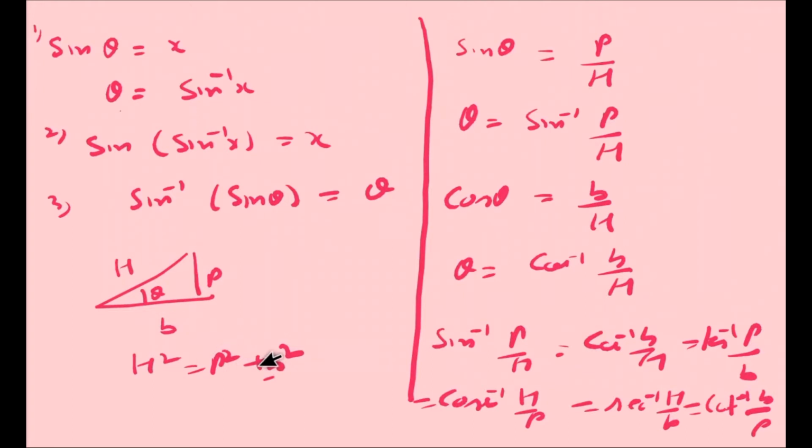Using this triangle and this formula, we can change any inverse value to another form. Okay. Now if we see sine inverse 3 by 5, what do we have to change it to in cos inverse? Now 3 is the perpendicular, 5 is the hypotenuse. So we have to find the base.